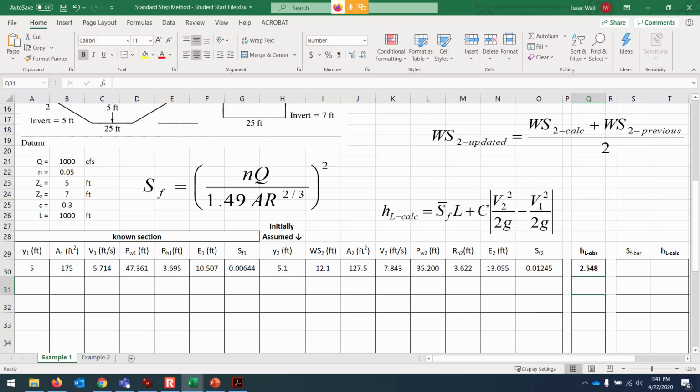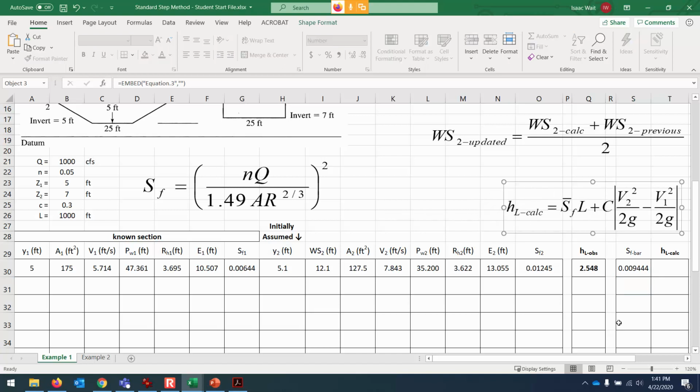And for the average slope of the energy grade line, that S sub F bar, we're just going to average the two that we've already calculated. So it is this one plus that one divided by 2. So it's the slope of the energy grade line in the midpoint.